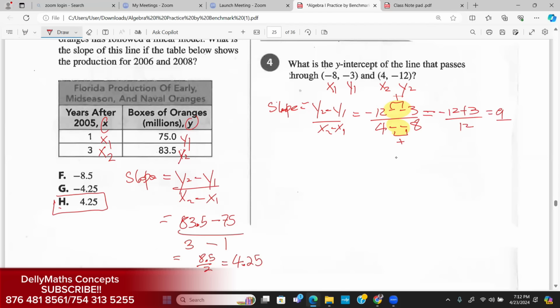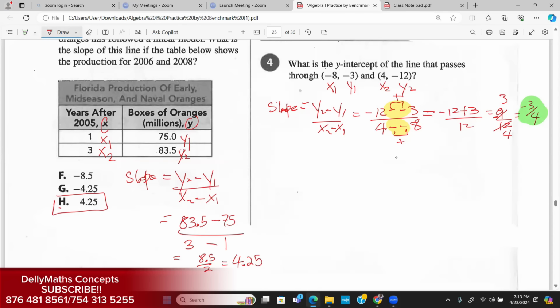This is -9 over 12. And if I break this down by using 3 into 9, 3, 3 into 12, 4, I'm getting -3/4. So my slope is -3/4.